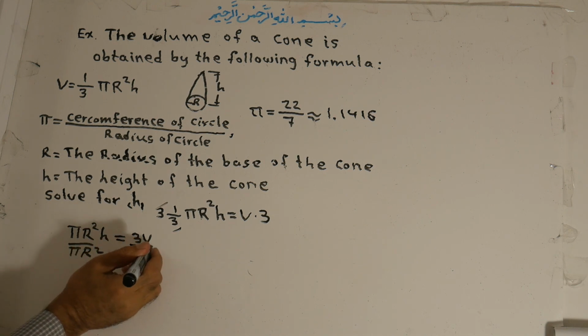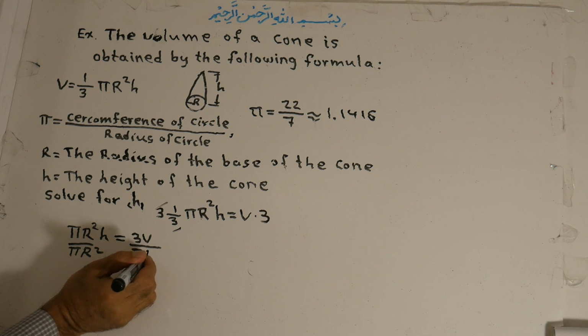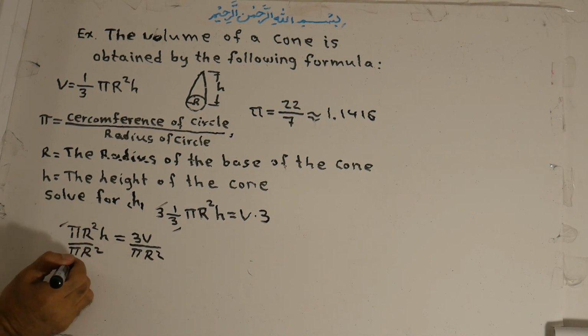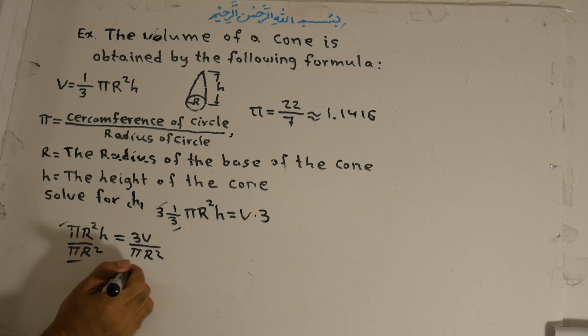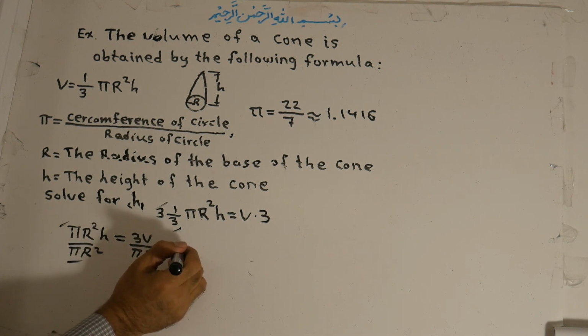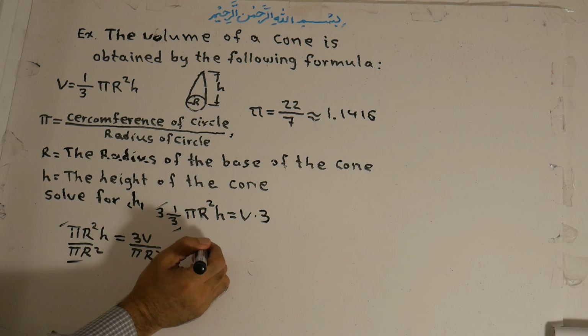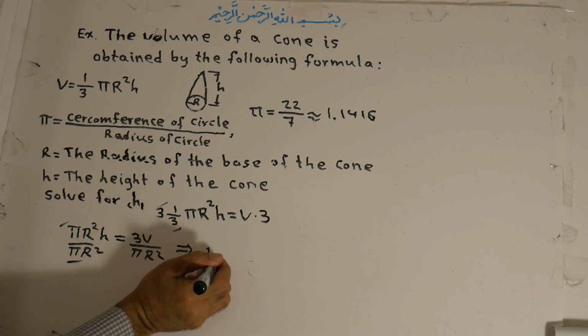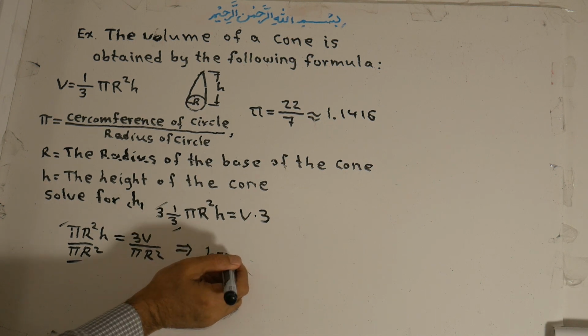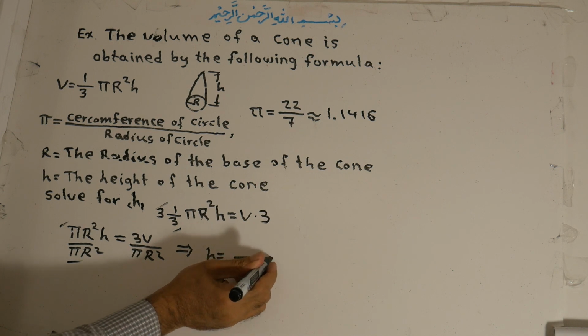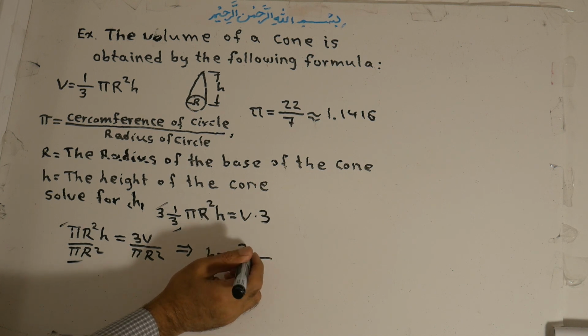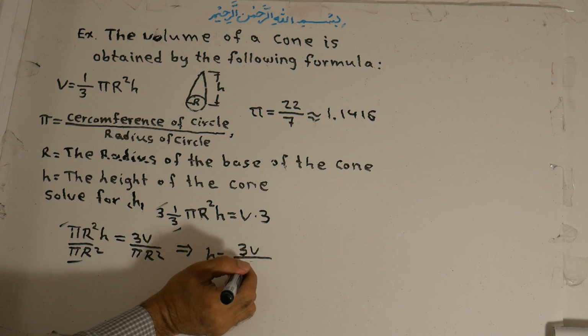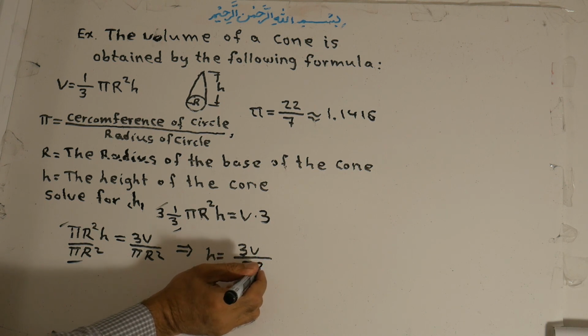R squared cancels with r squared. Here remaining only the H. H is equal to 3V over pi r squared.